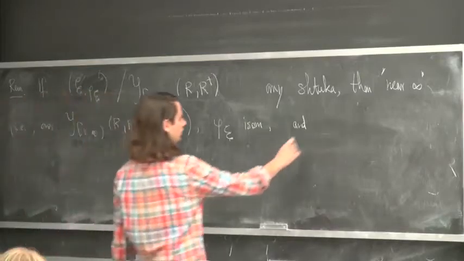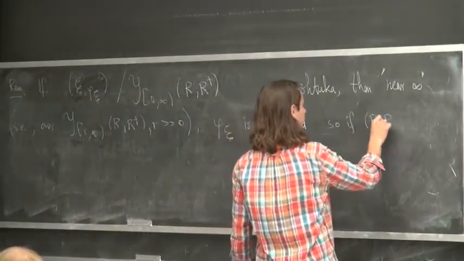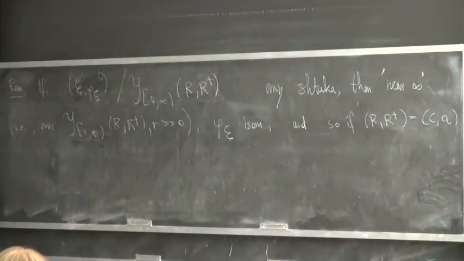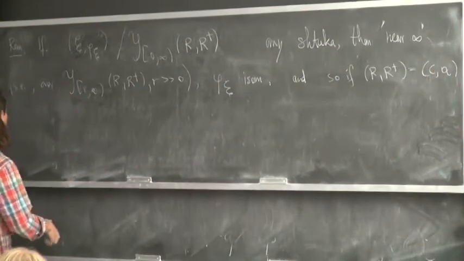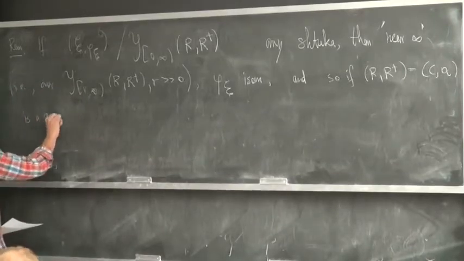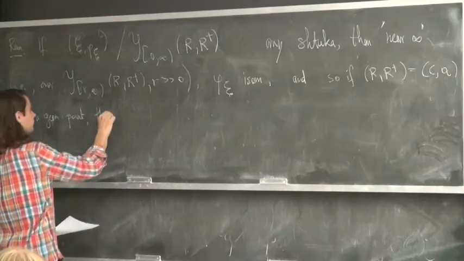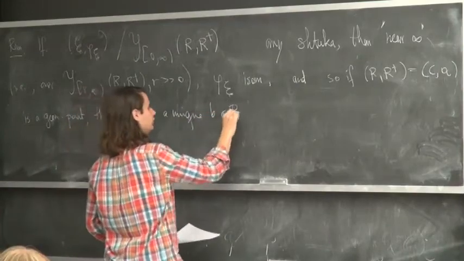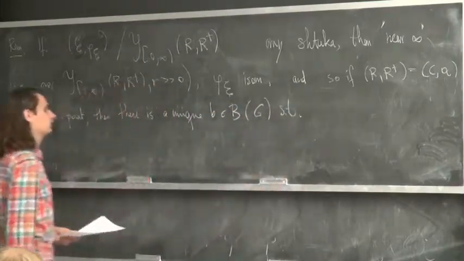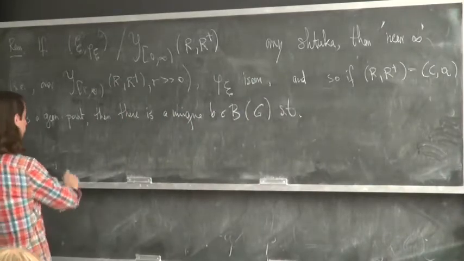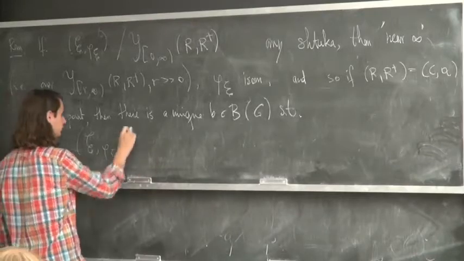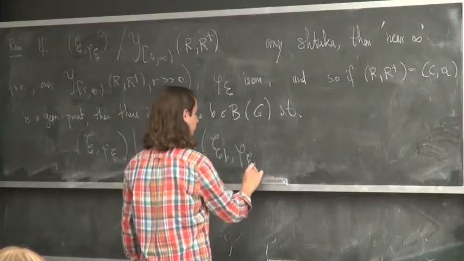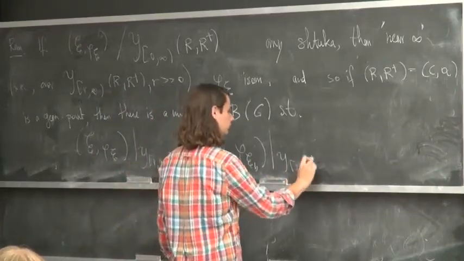And so if R plus is C plus, a geometric point, then there is a unique b in B of G such that E with phi-E restricted to Y R infinity is isomorphic to E_b with phi-E_b on Y R infinity.